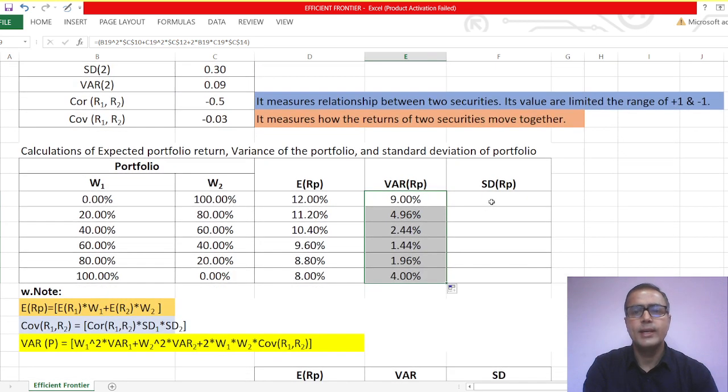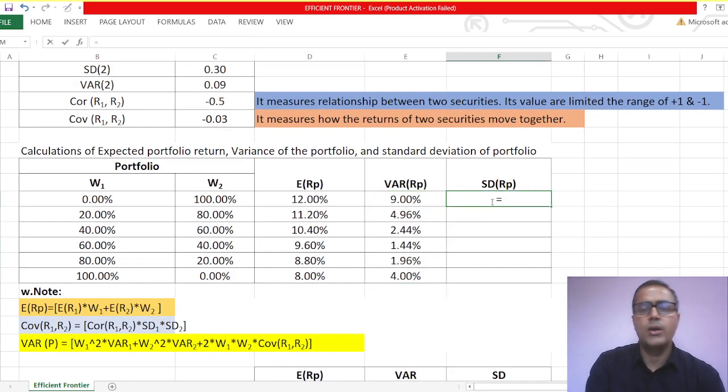Then we need to find the standard deviation of the portfolio returns. In Excel we can use the square root function, SQRT. Then you can select this one, and this is our standard deviation. I would show you again, that is the square root of this one.